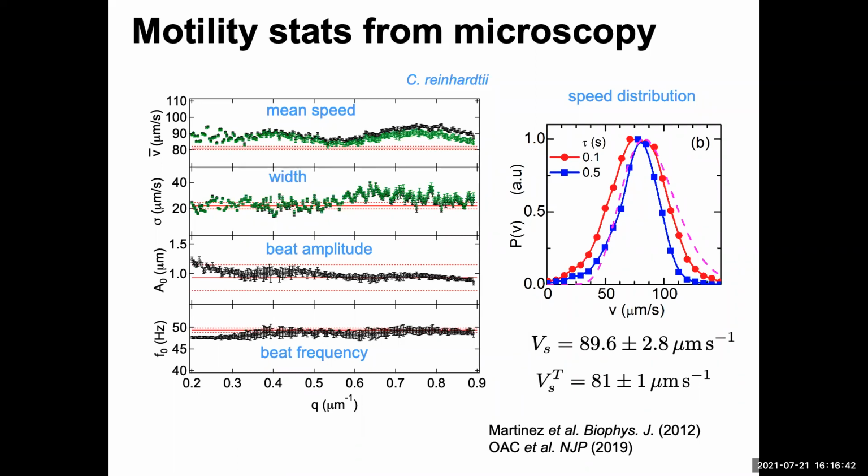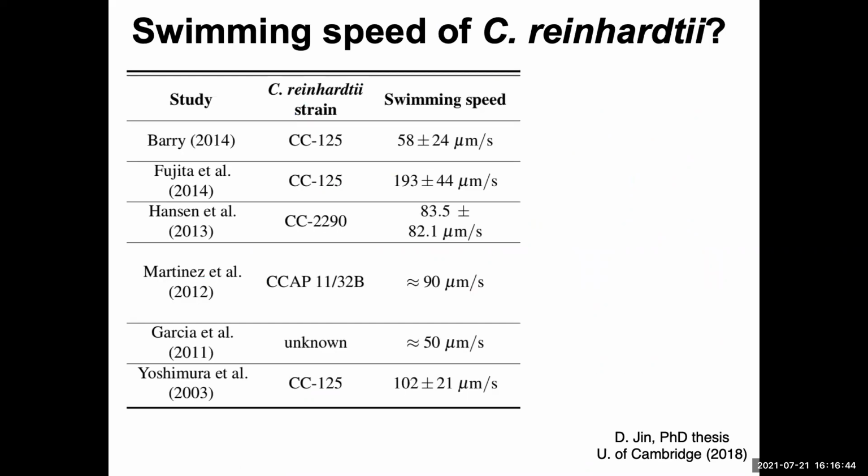But if you look at the literature, what is the speed of Chlamydomonas reinhardtii? Well, everybody in the field will say it's around 100 microns per second. An order of magnitude, you'd be doing okay. But if you search the literature for measurements, you find quite a range of values.